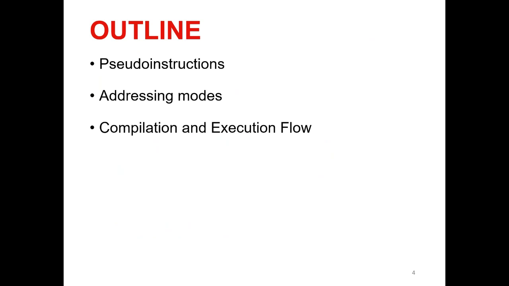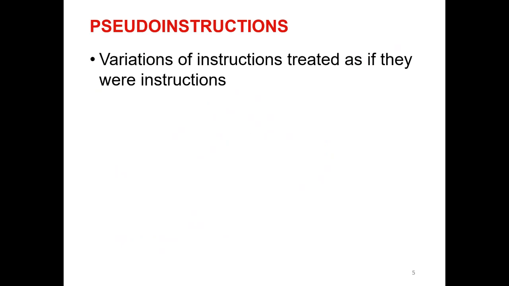Then we will move to addressing modes. We have actually seen some of them in instructions, but we will put a name to those addressing modes. And finally, we will see an overall summary on how a program is compiled and then executed in our computer. So let's start with the introduction to the pseudo instructions.